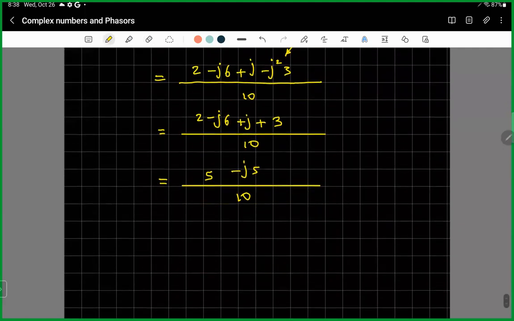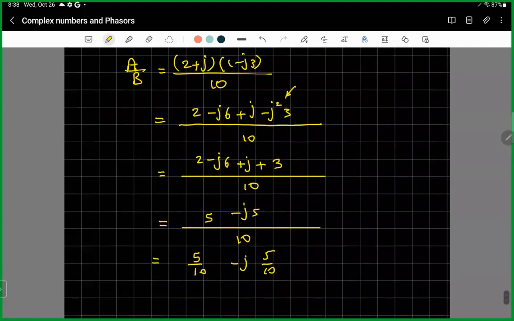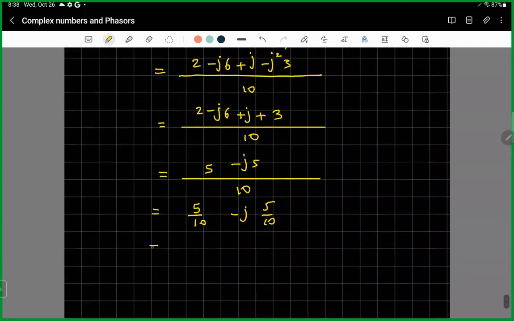So now if you continue, that's easy. It's equal to 5 over 10 minus j 5 over 10. See, now I can do the division. In the beginning, when you look at this one, how do we divide this? That's a big mess. Now just dividing by a number is great. Then I distribute the division, and that equals 0.5 minus j0.5. That would be the answer.